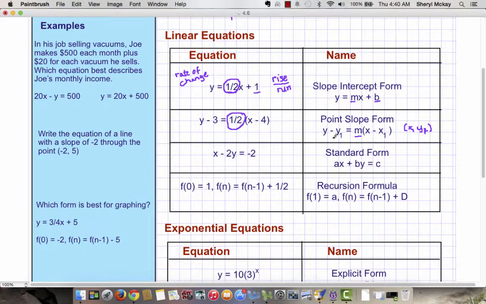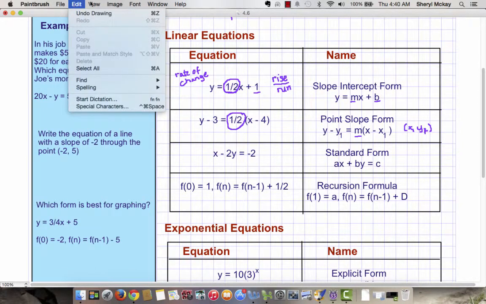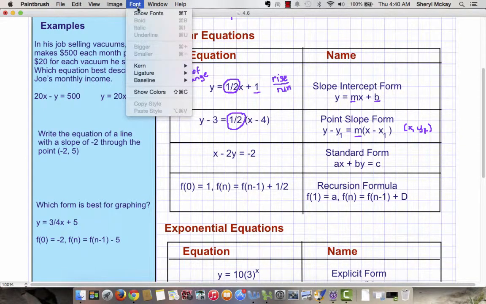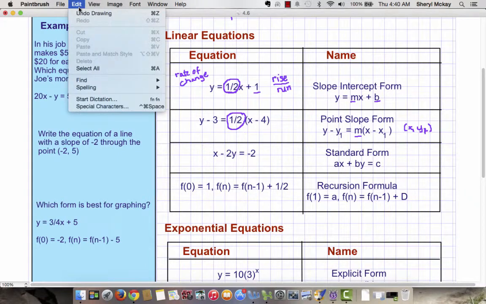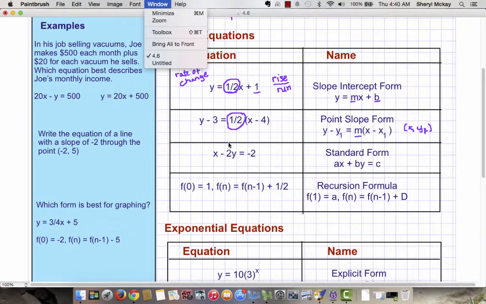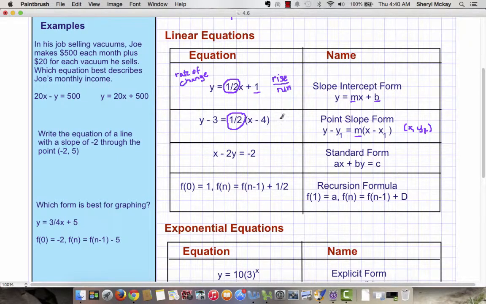What is the point? Well, hopefully you saw that it is right here: 4, 3.